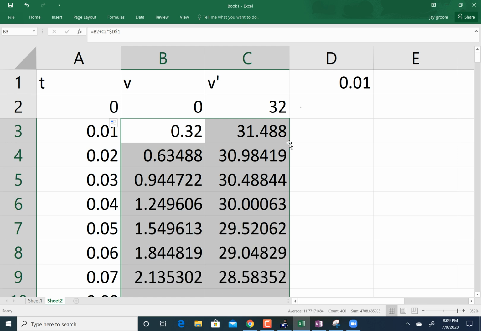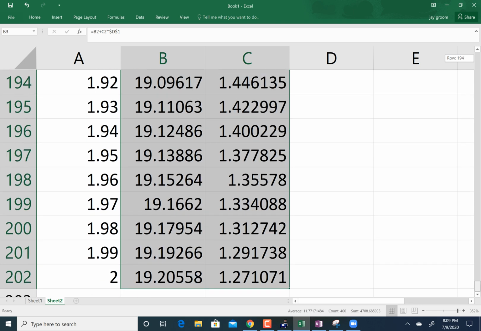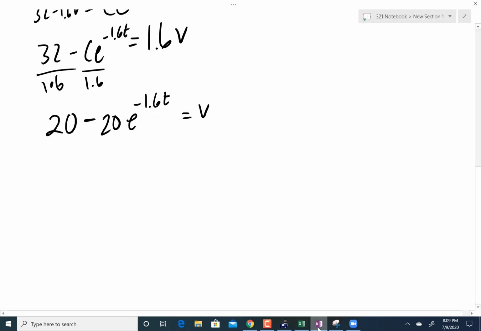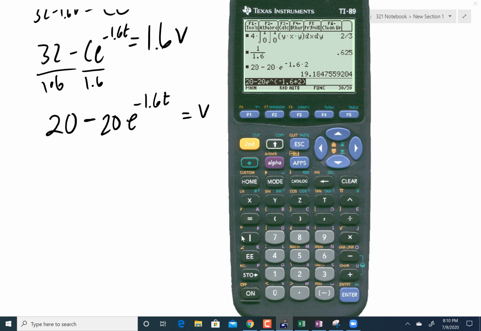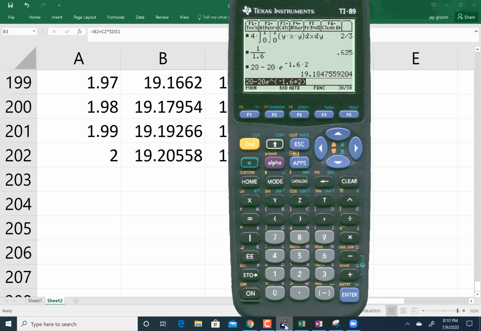When we get to the bottom, we should see we're at like 19.2. Now, what were we supposed to be at? We said we were supposed to be at, oh, when did I have it? 19.184. You're like, dude, that's pretty close. It's not far off at all.